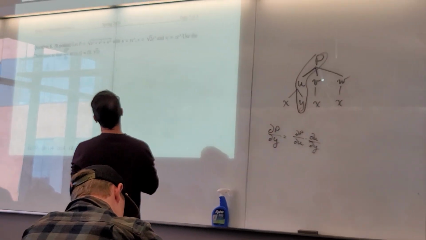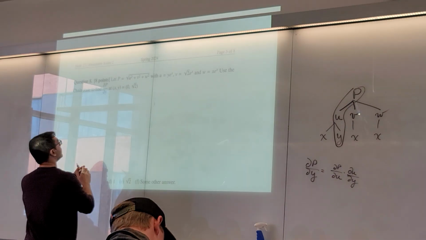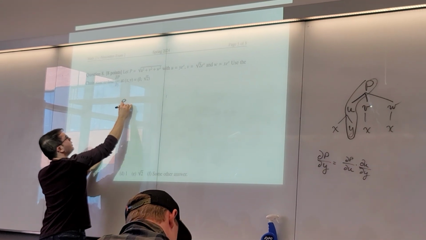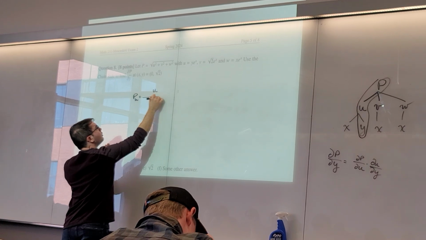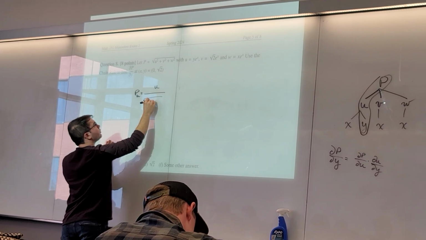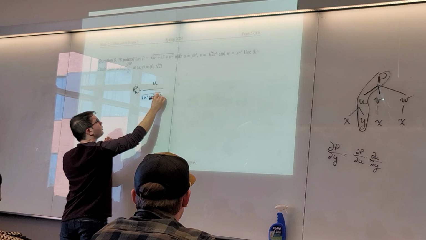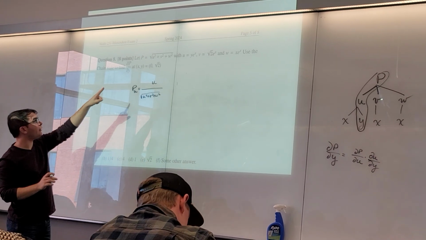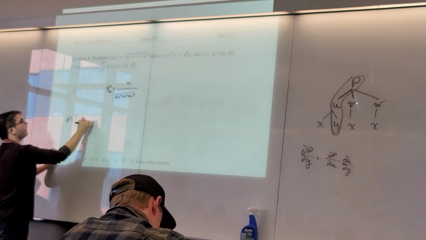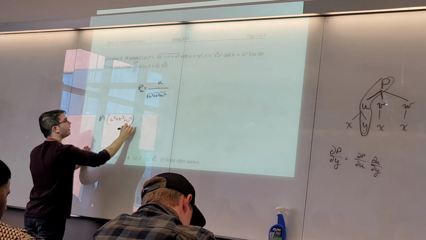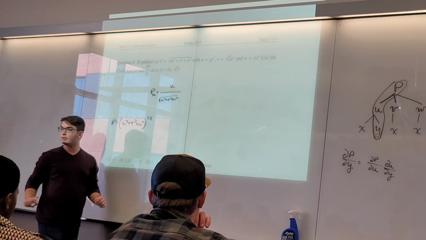So P sub u is what? If P is this, P sub u is equal to u over the square root of u squared plus v squared plus w squared. If you're confused about how this came, do this. P is equal to u squared plus v squared plus w squared to the power of 1/2, right?